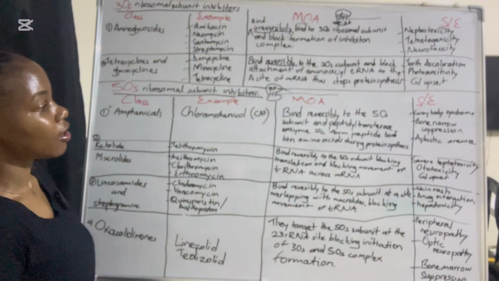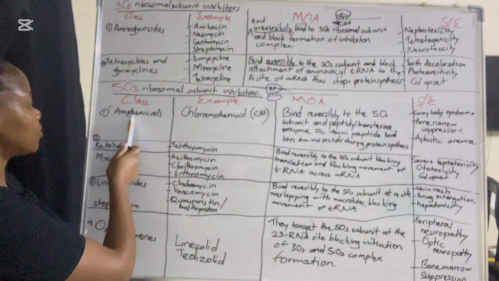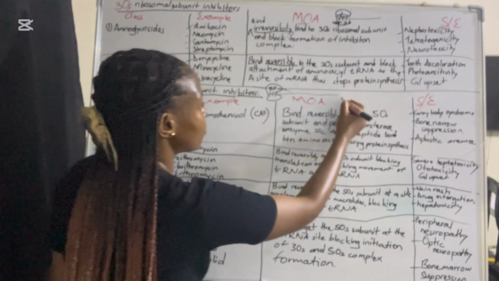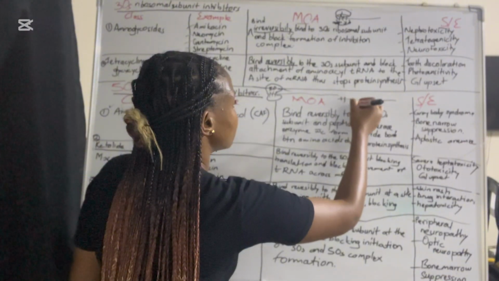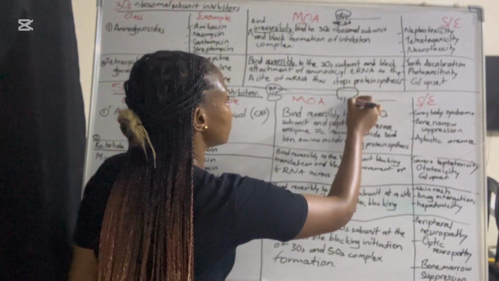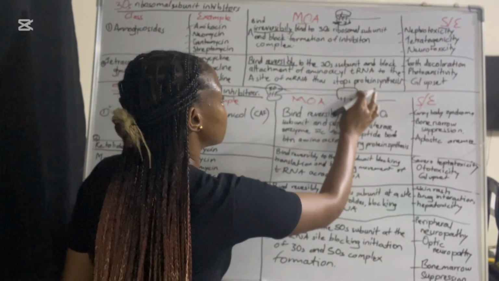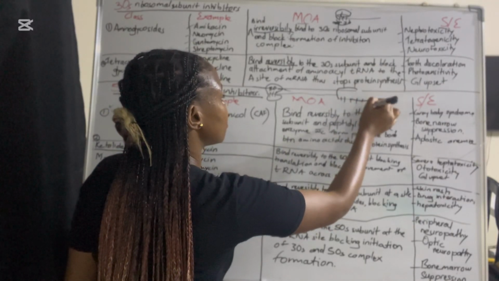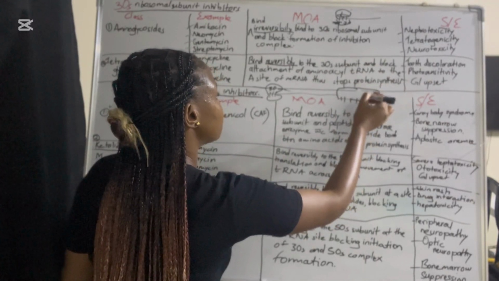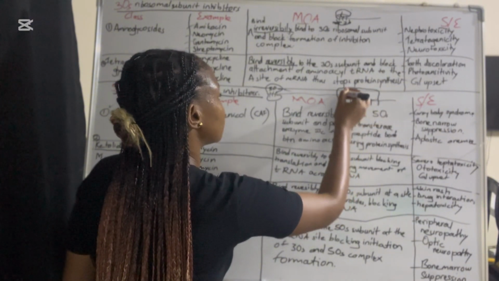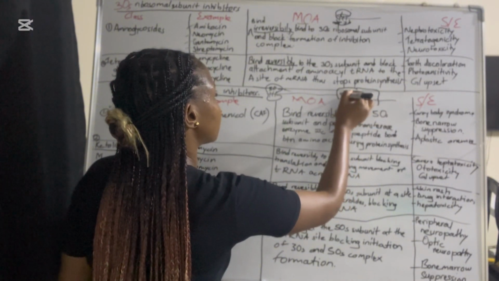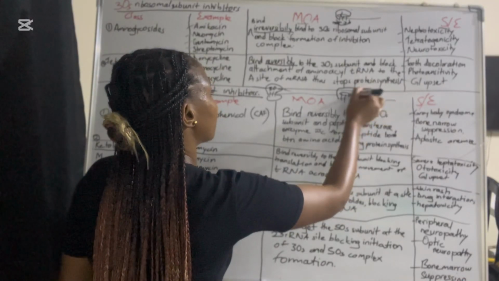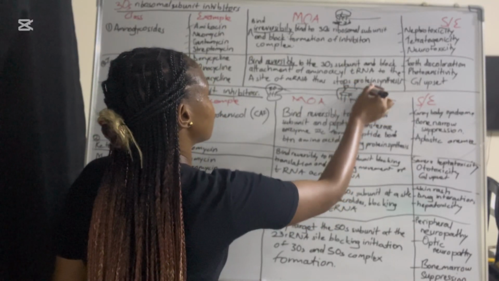What does this mean? When these phenicols bind to the 50S ribosomal subunit, what are they going to do? I told you this 50S is the one responsible for forming a peptide bond. Let's say this is our transfer RNA, and this is also our transfer RNA, and they are having amino acids at the top.